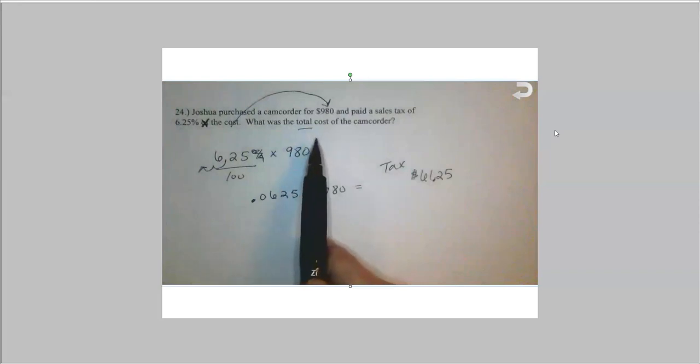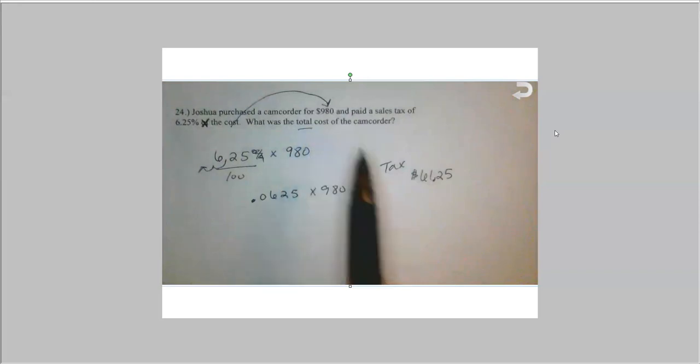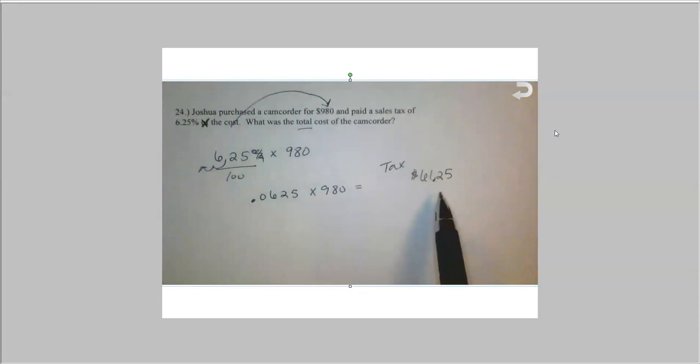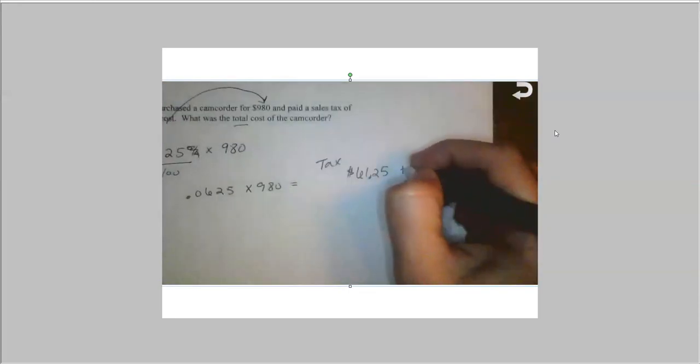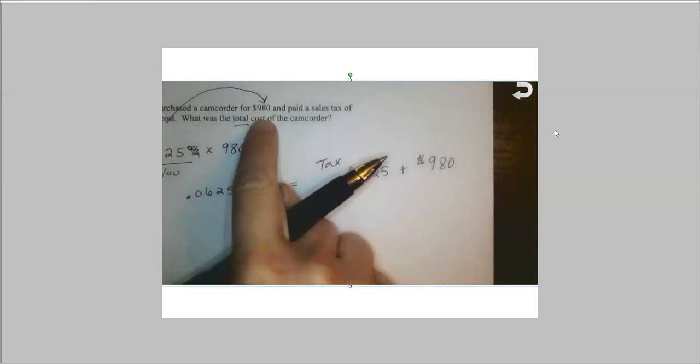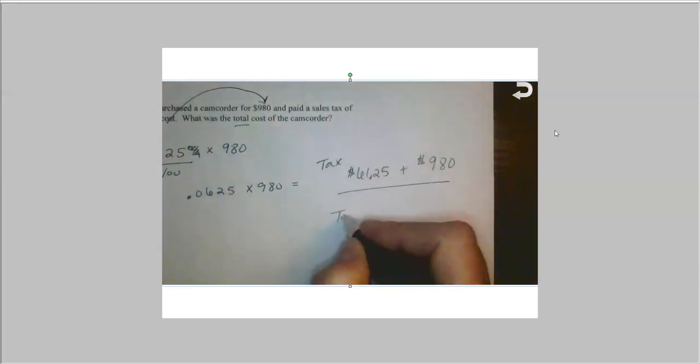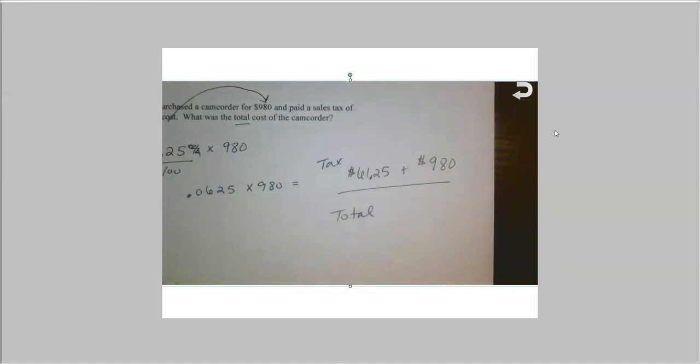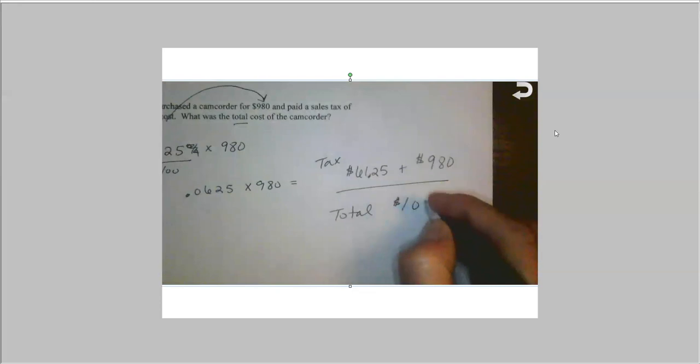So this is actually a 2-part problem. I have to find tax, and then I'm going to take that tax and add it back to the original price so that I can get that total. So adding that back to 980 is going to give me a total of $1,041.25.